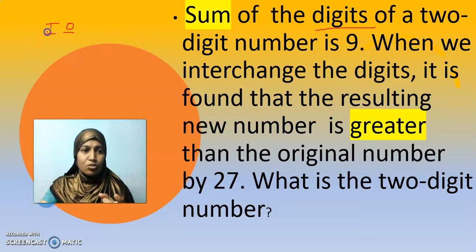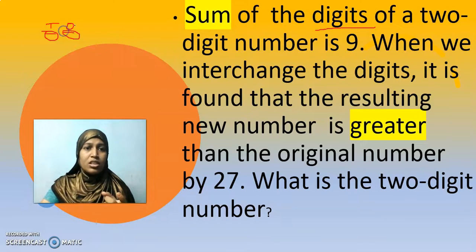We have a 2-digit number and the sum of the digits. If I add those 2 digits, I will get 9. This is one condition. Another condition is, if I interchange this number from ones place to tens place and from tens place to ones place, I will get a new number.